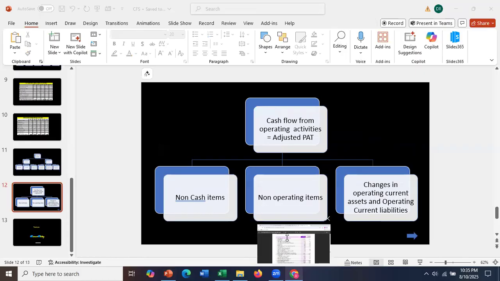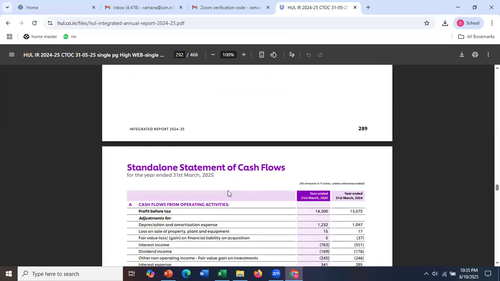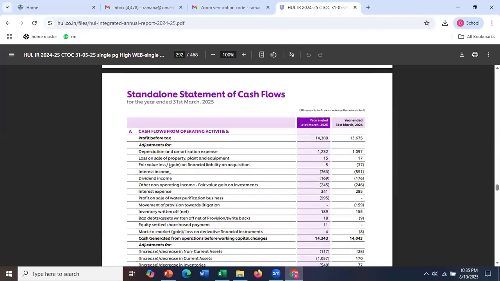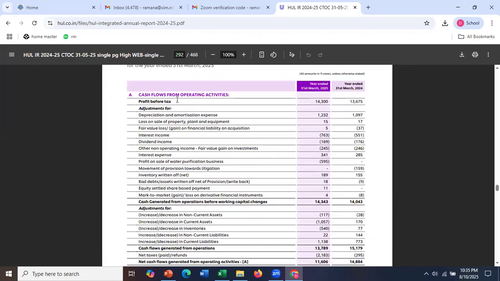For example, this is the cash flow statement of HUL. We can see that under cash from operating activities, they have done adjustments to PBT, profit before tax. Adjustment for what?